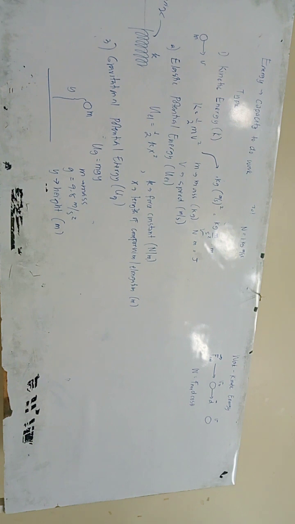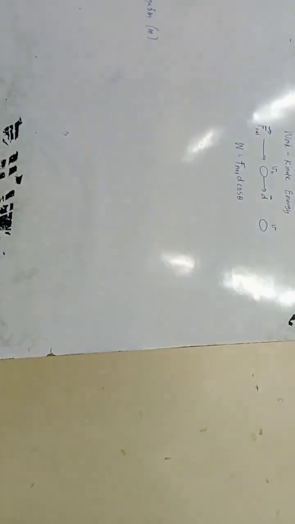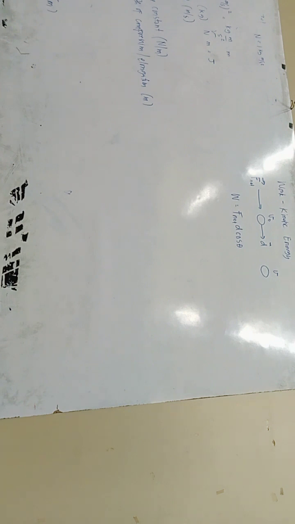So, what is the relationship between work and energy? As mentioned a while ago, the amount of work depends on the amount of energy stored. So, basically, work is equal to energy.